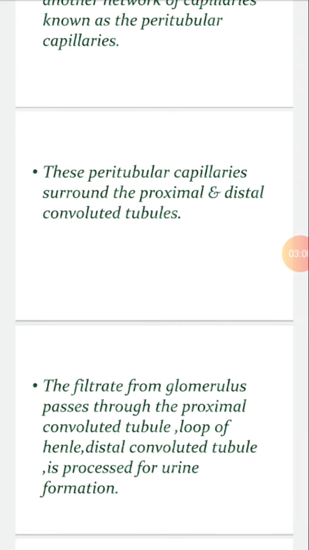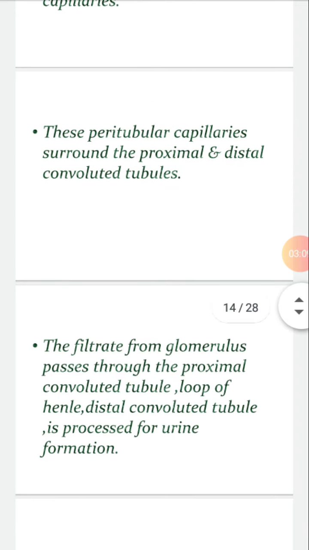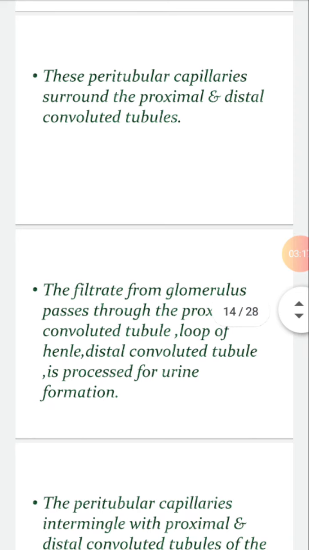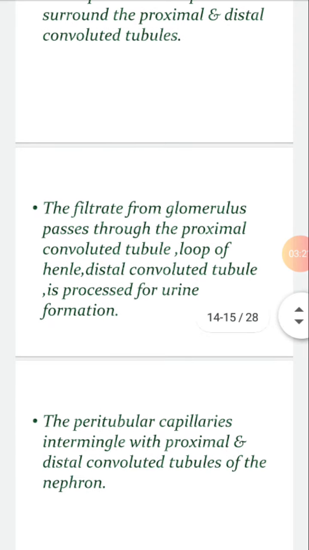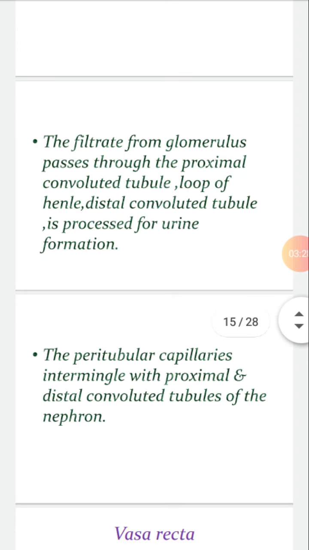The filtrate, which contains some useful materials from the glomerulus, passes through the proximal or first convoluted tubule, the U-shaped part, the loop of Henle, and the last part, the distal convoluted tubule. The filtrate is processed for urine formation. Peritubular capillaries intermingle with the proximal and distal convoluted tubules of the nephron.